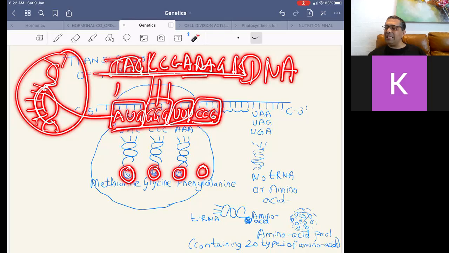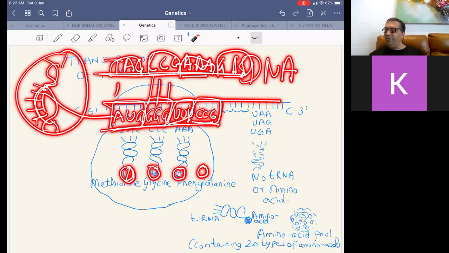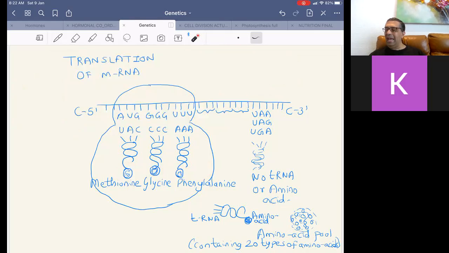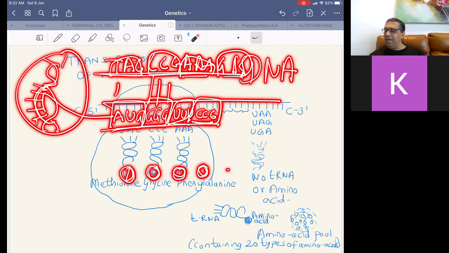TAC, CCC, AAA, GGG is the sequence of nucleotides in the gene for insulin, which forms mRNA having AUG, GGG, UUU, CCC, which forms amino acid methionine, glycine, phenylalanine, proline, etc. with peptide bonds, and that is insulin.